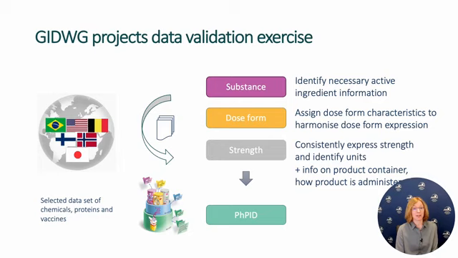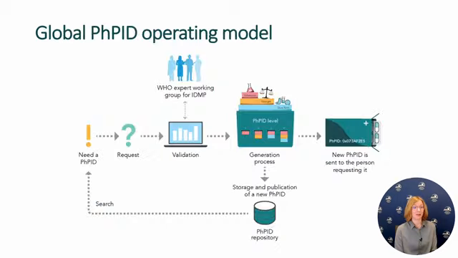In many cases, additional information from the SPC is also needed, such as information on the product container, dosing, and administration. The proposed PhPID generation process is expected to apply for single requests as well as for entire national datasets when a country is starting to use the global identifiers.